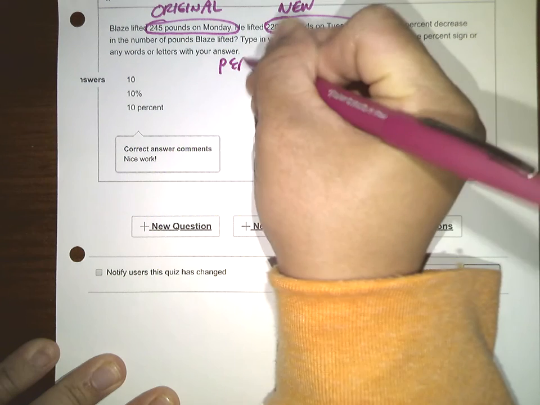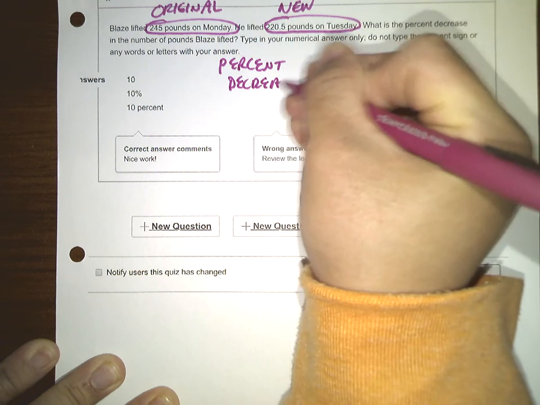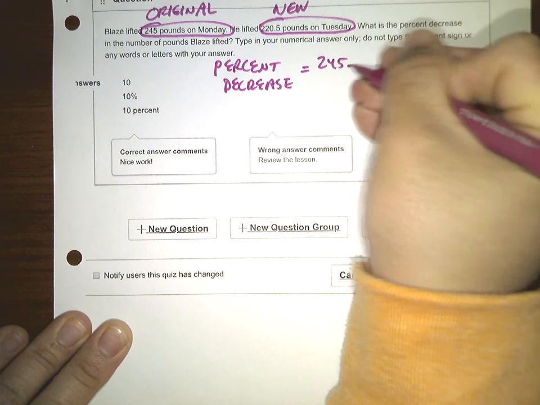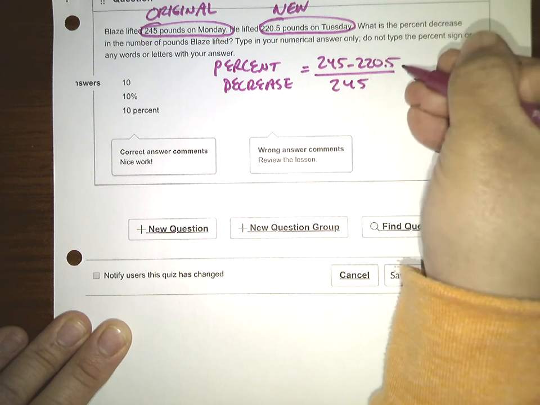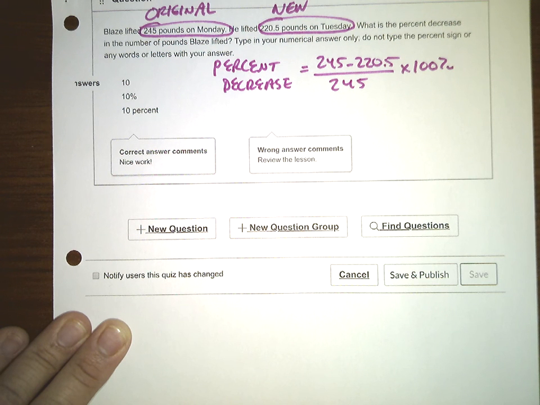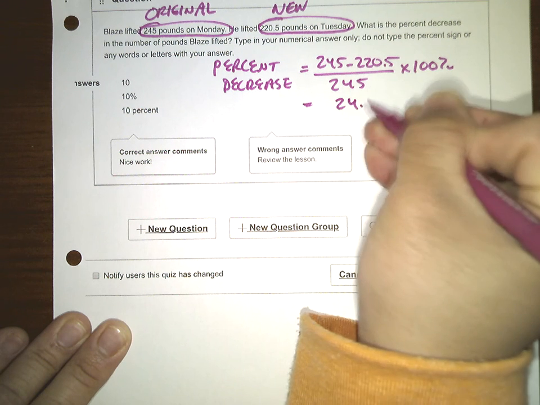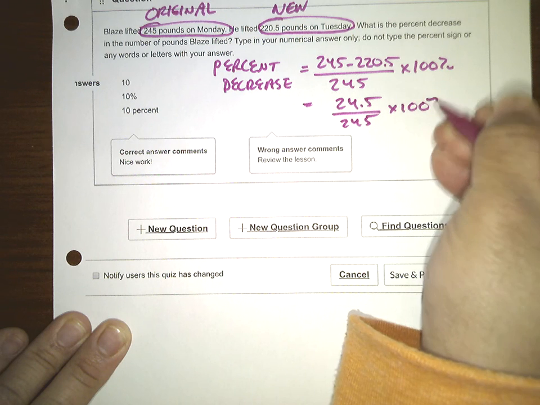So the percent decrease would be 245 minus 220.5 over 245 times 100%. So 245 minus 220.5 is 24.5 over 245 times 100%.